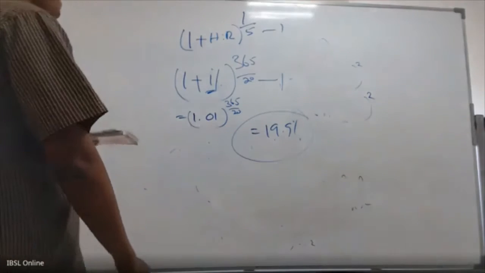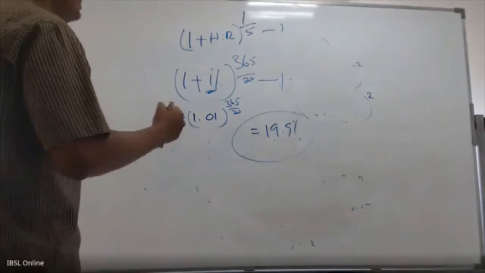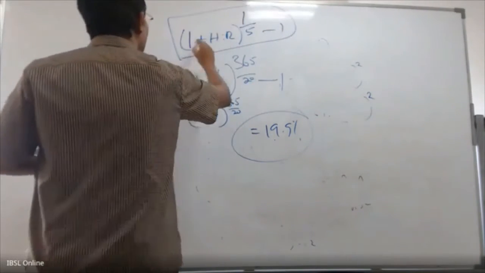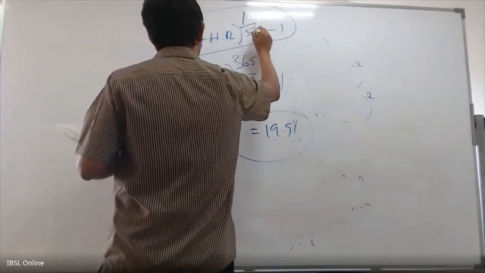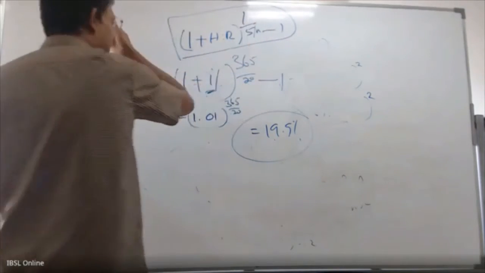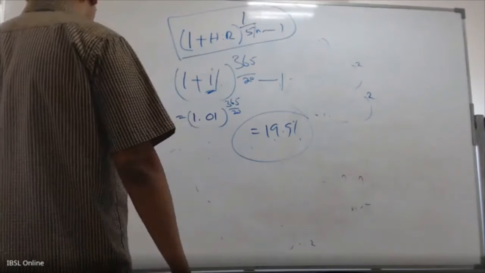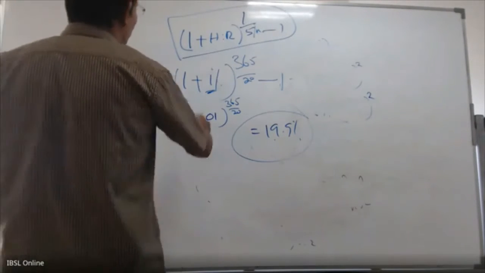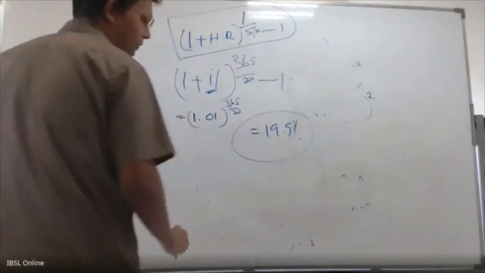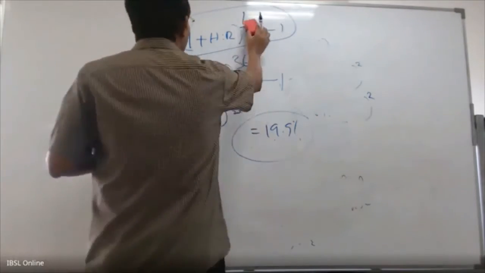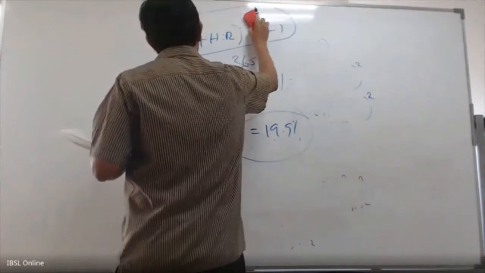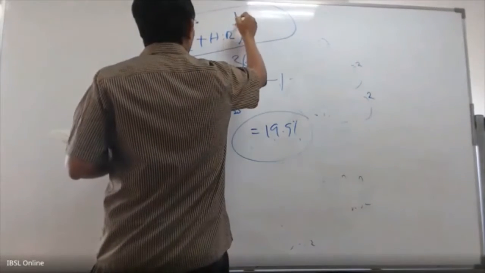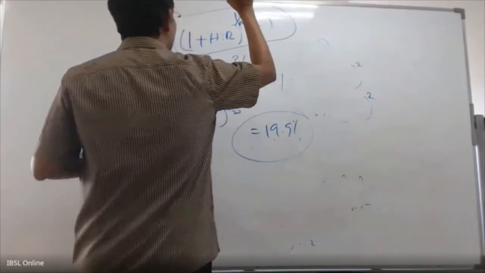If it is more than 1 year, this is the formula for you to calculate: 1 plus the return, to the power 1 divided by n, minus 1. I just made it a little bigger to show you, but the power should be 1 divided by n.